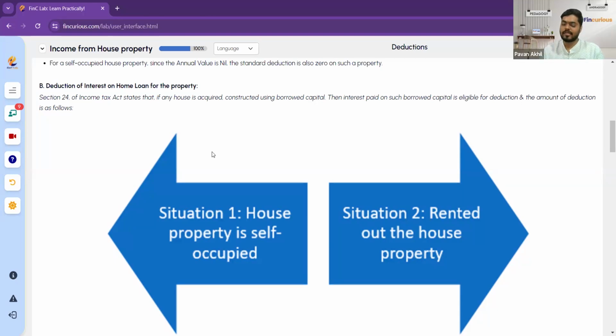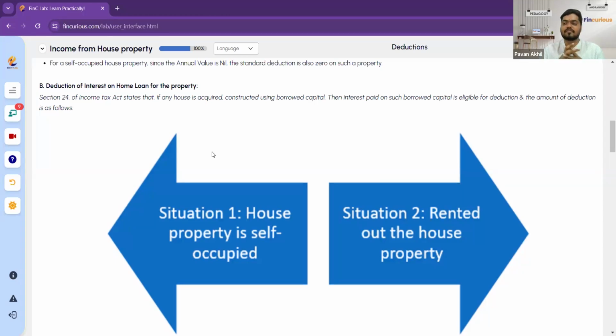Some people really buy the house and claim the interest. Some people just claim the interest amount without even taking a loan for the property, and they end up getting notices from the income tax department. So it all depends upon the perspective of the people, and you need to follow the rules as per the Income Tax Act. Now let us understand something.